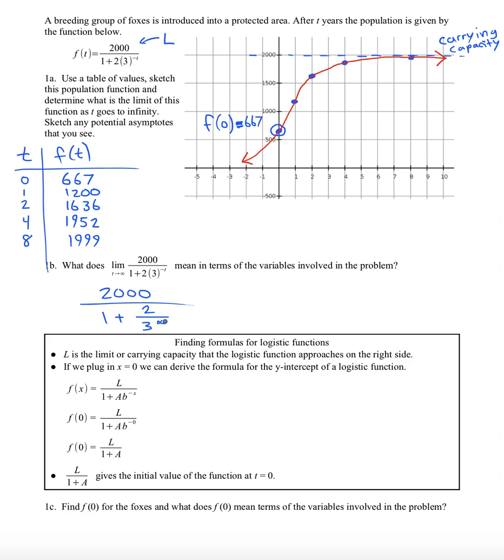I'm just going to rearrange it a little. 2,000 over 1 plus 2 over 3 to the infinity, because we're raising it to a negative power. That would be 2,000 over 1 plus basically 0, because when we're dividing a real number by infinity, it's going to head to 0. And so that is going to be a limit of 2,000.